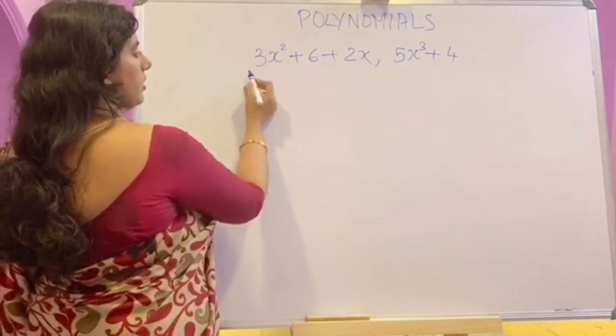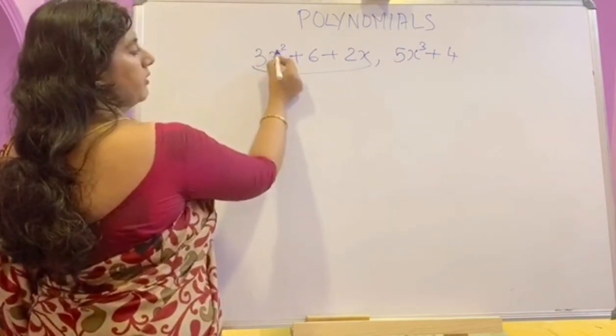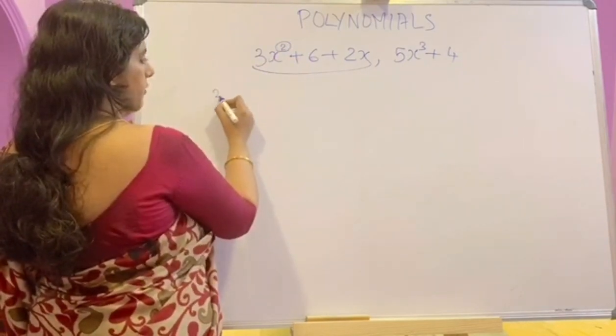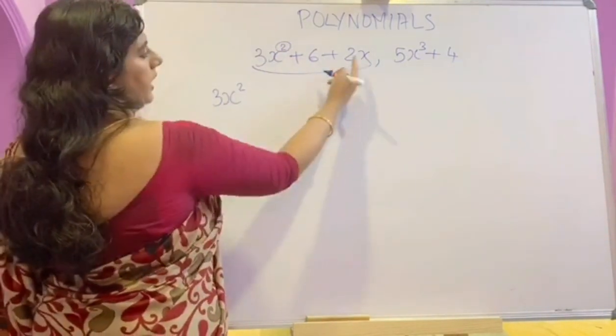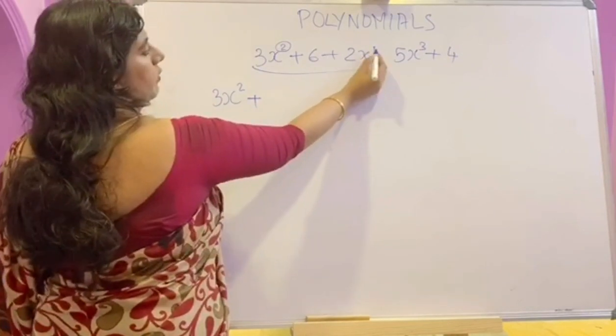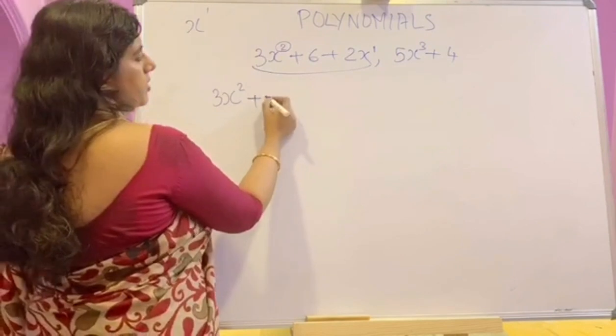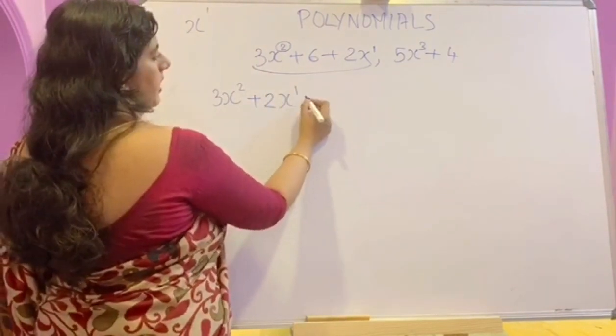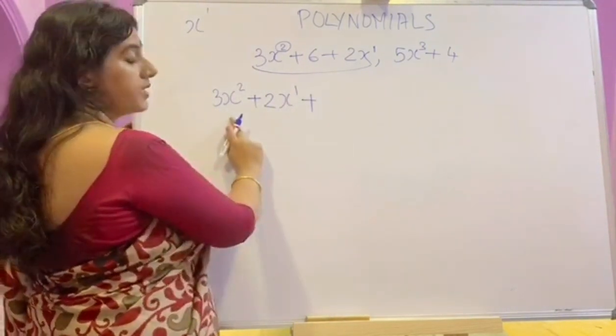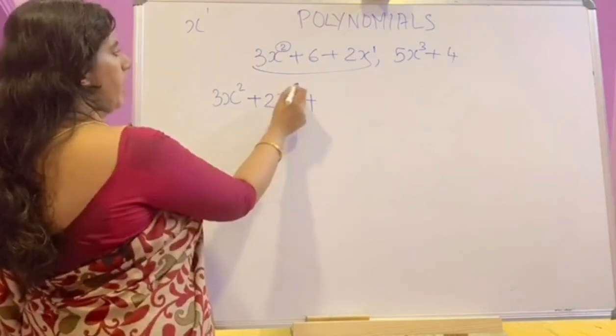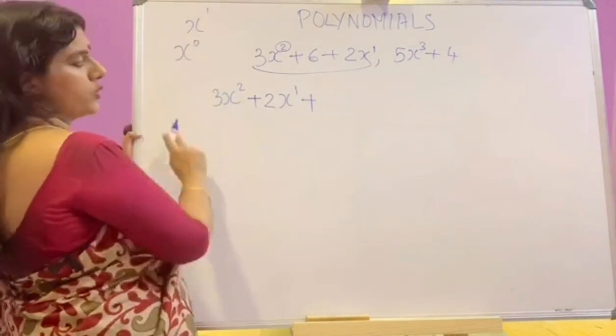So first here in this polynomial you have the biggest power as x square, so first you write x square, then this is the power 1, because x simply means x raised to 1, so 2x raised to 1, plus, if it is in the descending order, after x raised to 1 we will get x raised to 0.